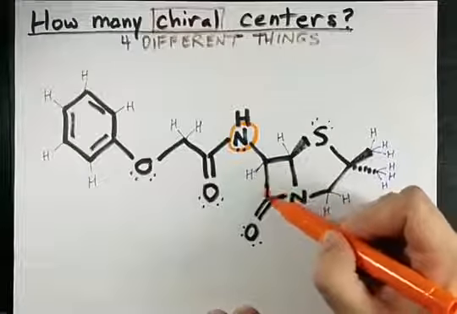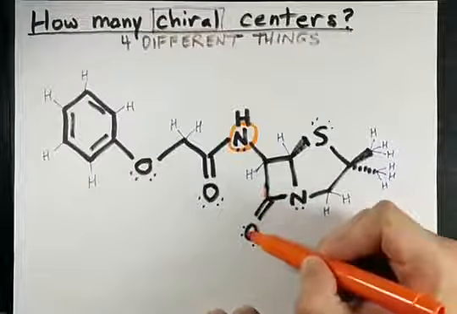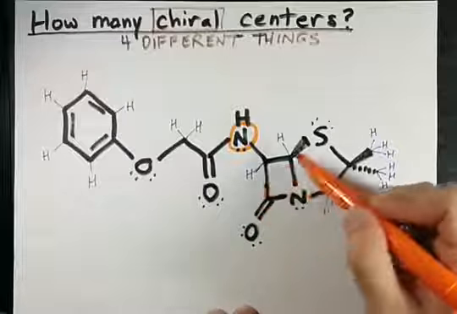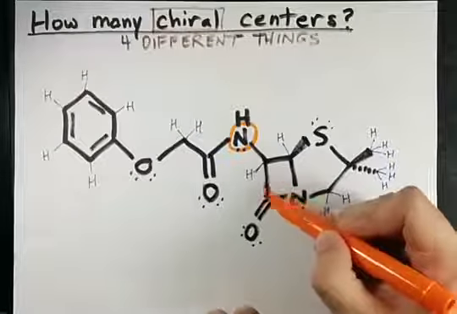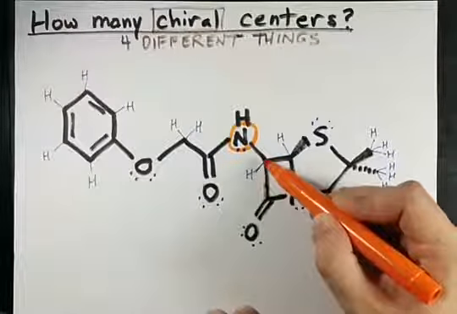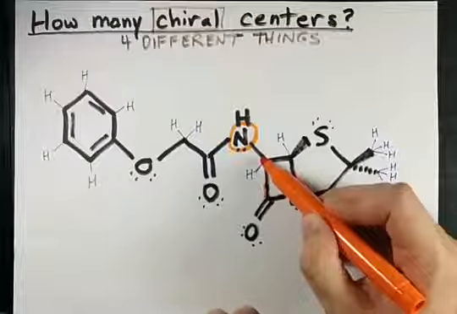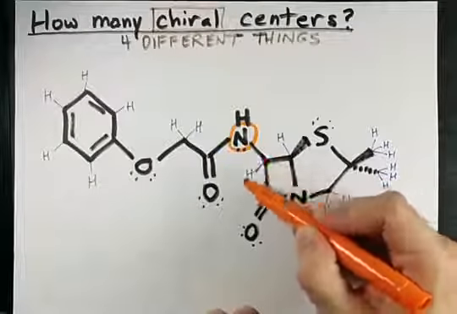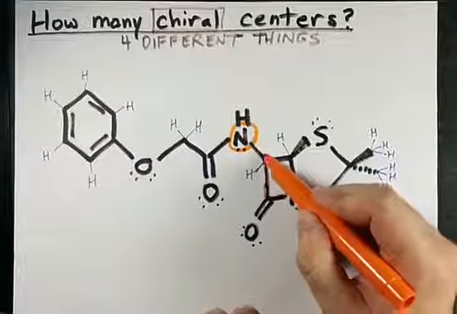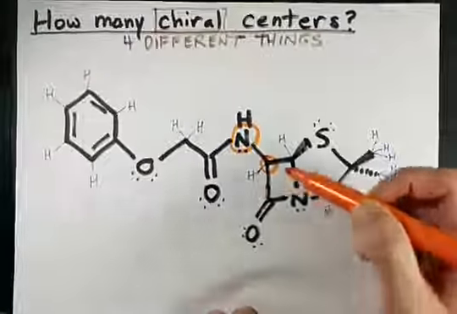If you go this way, you're connected to a carbon that's connected to nitrogen, oxygen, oxygen. Those are completely different. These carbons are not the same. So this carbon is connected to something different, this way, that way, that way, and the hydrogen way. That means it's a chiral center.